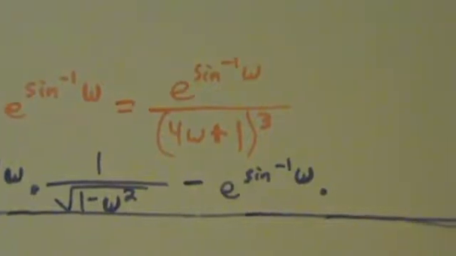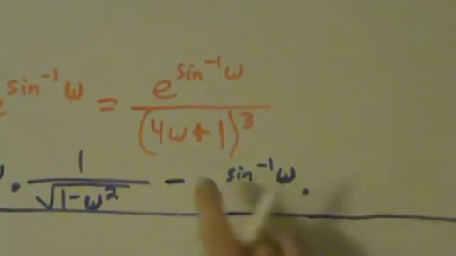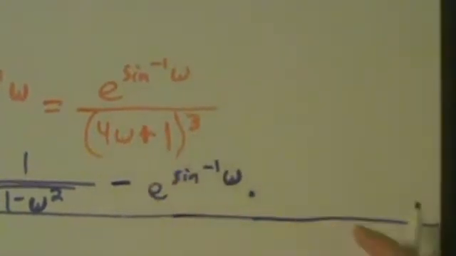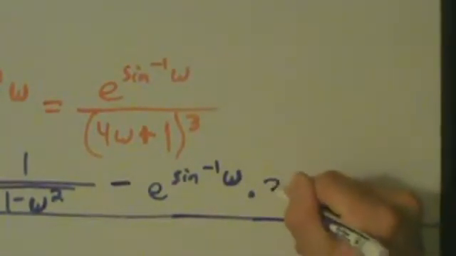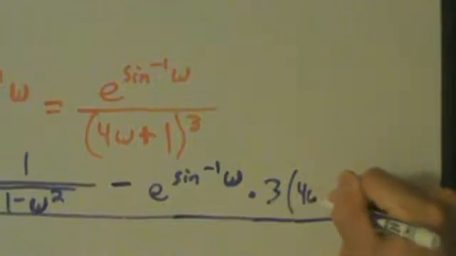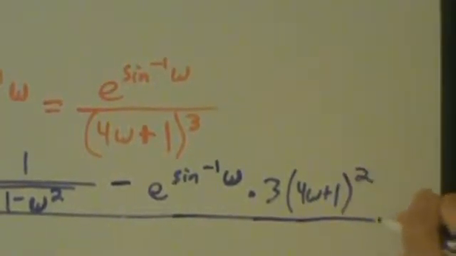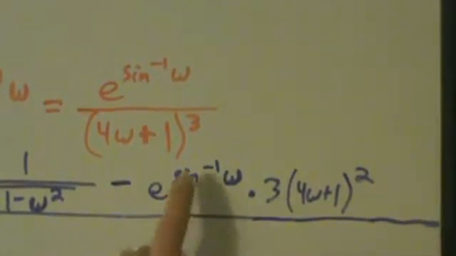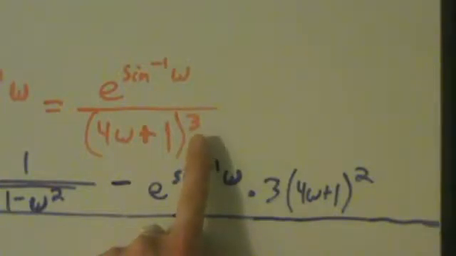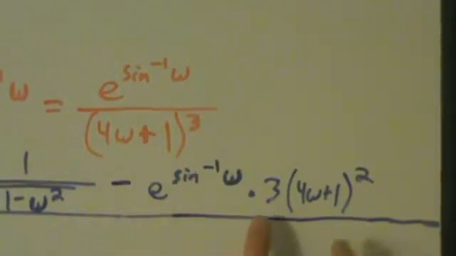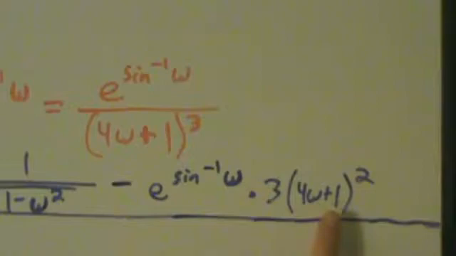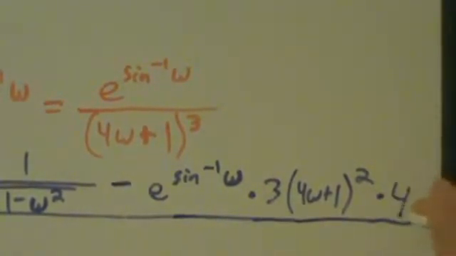Now the bottom is (4w plus 1) quantity cubed. So the derivative is going to be 3 times (4w plus 1) squared. That's the derivative of the big guy. The big guy is cubing things. So the derivative of the big guy is evaluated at the little guy and then multiplied by the derivative of the little guy.